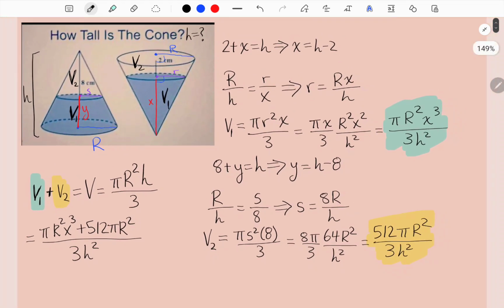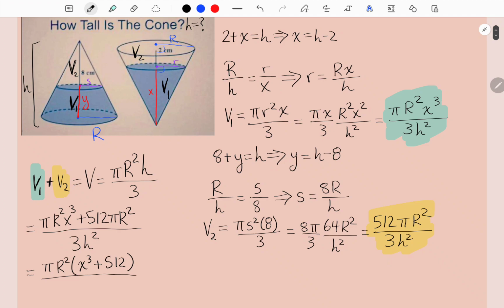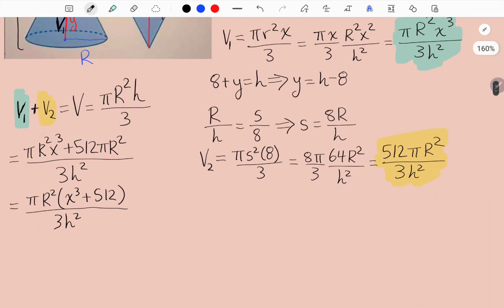Okay, so then right over here, what I'm going to do is factor out pi r squared from the numerator, so I have x cubed plus 512 all over 3h squared. Now it's really interesting because we have a chain of equal signs.